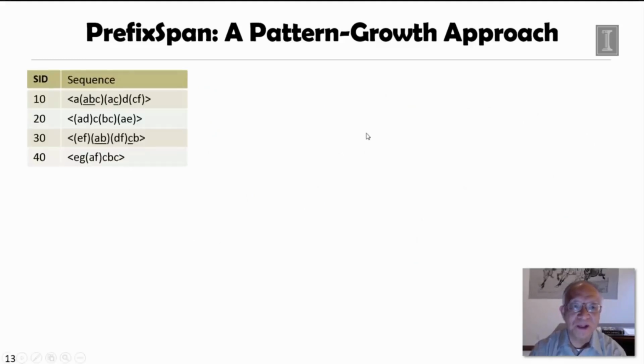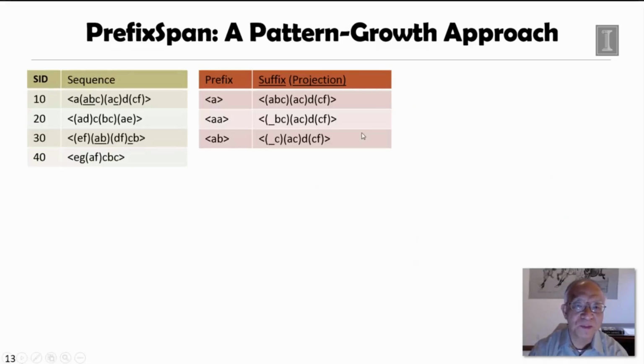PrefixSpan is a pattern-growth-based mining algorithm. To examine the sequential pattern in more detail, we need to introduce the concept of prefix and suffix. The prefix means anything in the front; if it's frequent, you want to capture it as a frequent prefix, like A, B. Then its projection becomes a suffix.